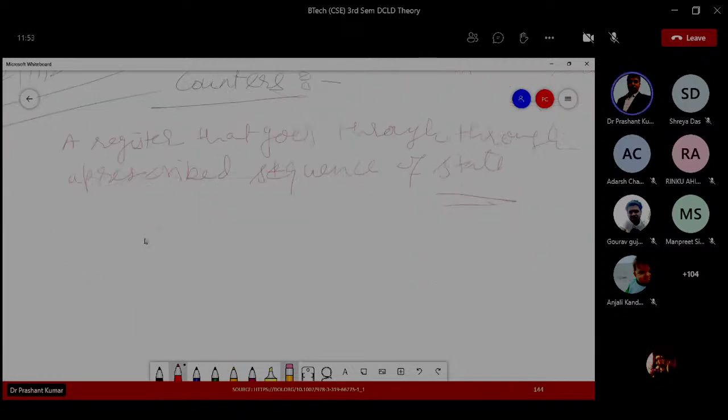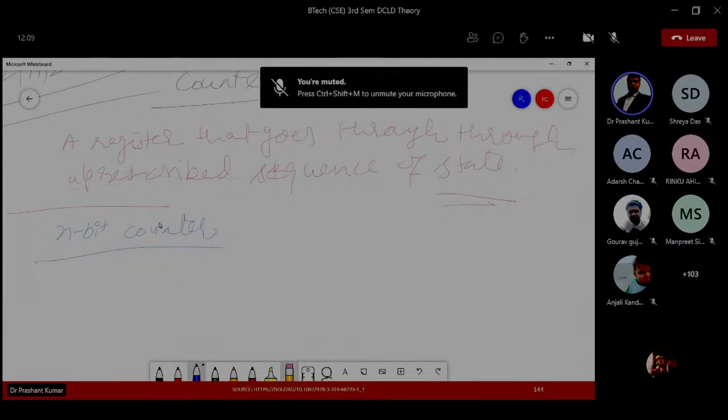Fine. So if you have an n bit binary counter, tell me from where to where it can count.